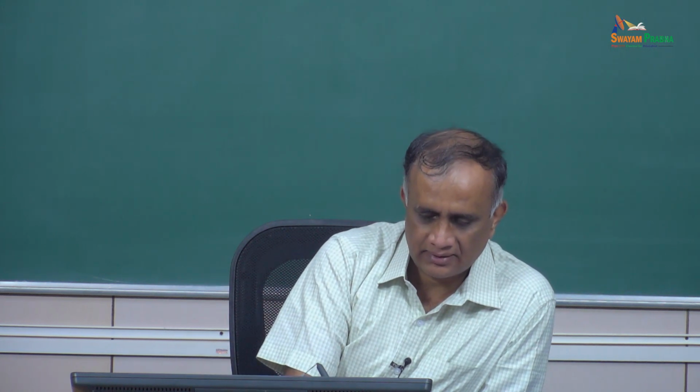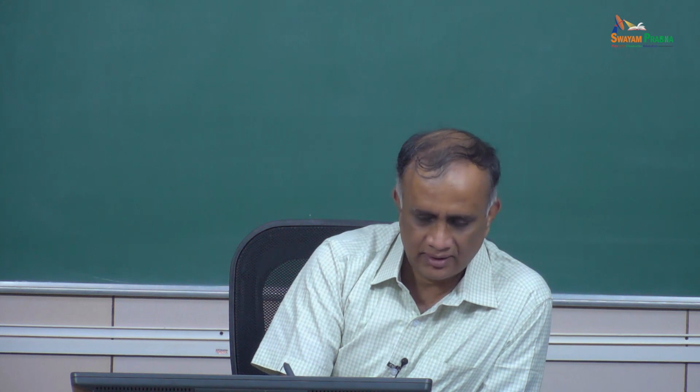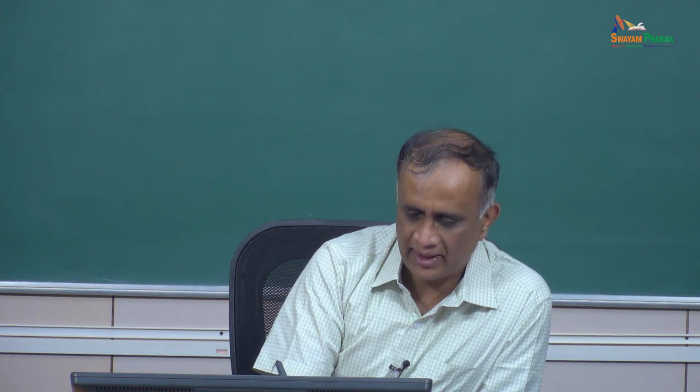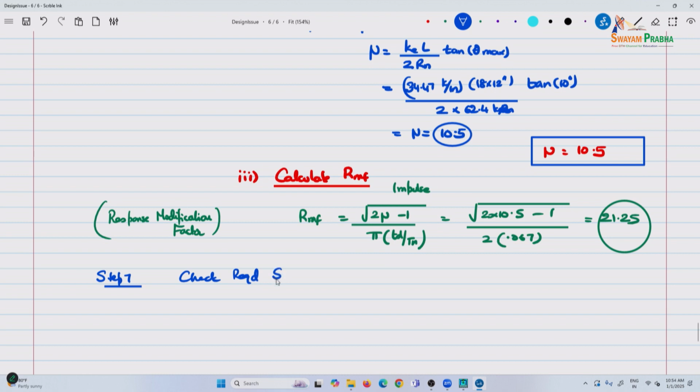Then check the required strength. Your F required is P naught by RMF. Sometimes it's kind of scary to see that your applied force is 144 kips, but all you require is 1/20th of it.